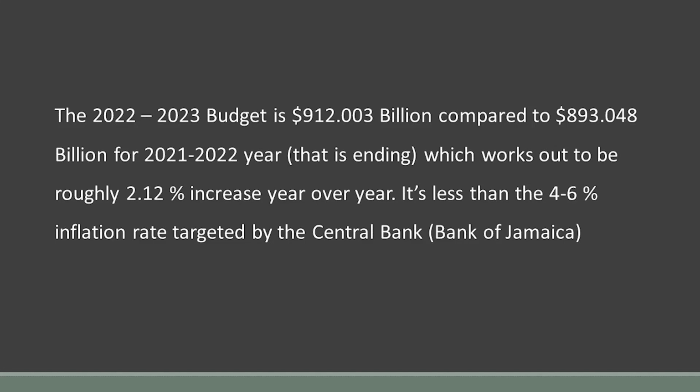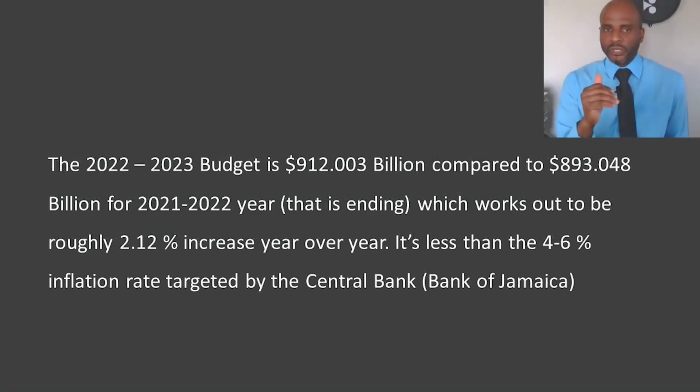So a little over $912 billion is earmarked to be spent for the budget year 22-23 that begins on April 1 of this year. That compared to $893.048 billion spent in the 21-22 financial year that is ending, right?